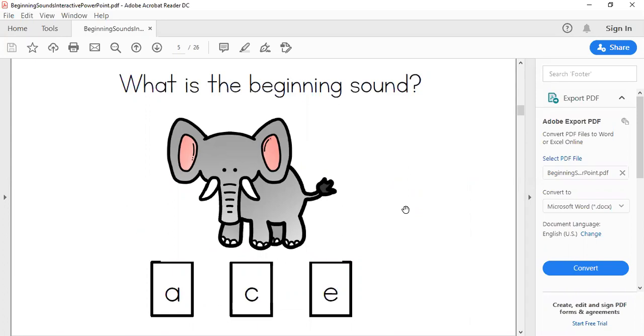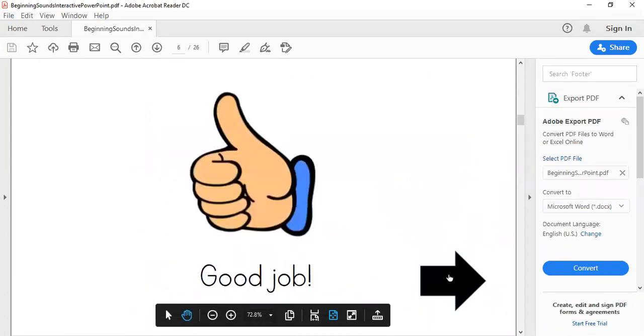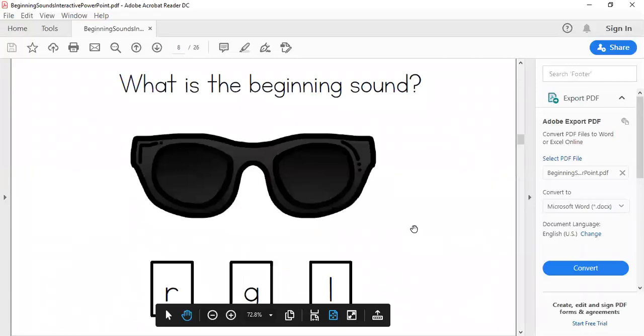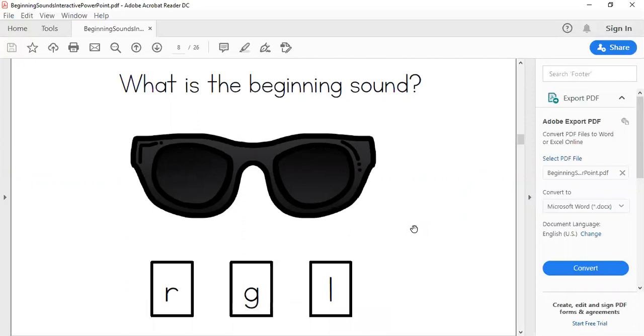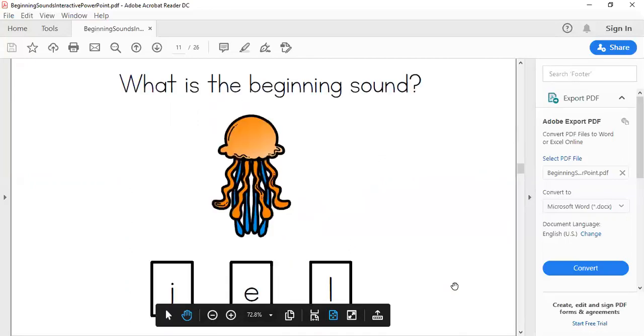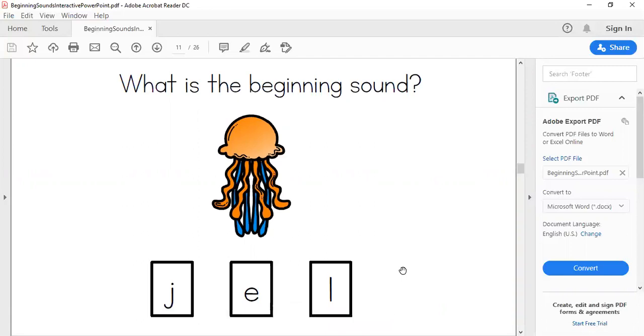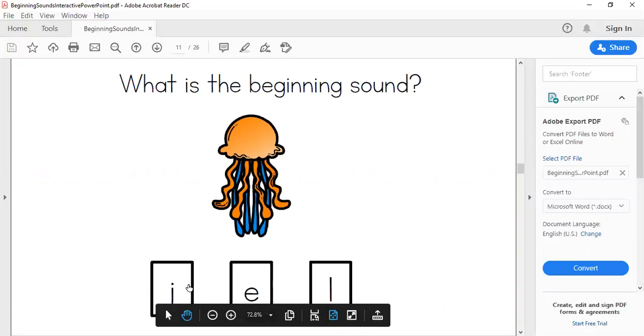I hear the sound, which is the letter E. What is the beginning sound of glasses? Glasses. I hear the G sound, which is the letter G. Jellyfish. The beginning sound I hear is J. That is the letter J.